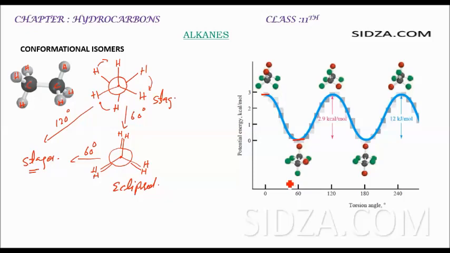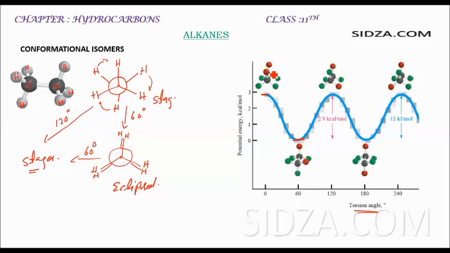Another point is the angle. The angle between the two atoms that we find, we call the torsional angle. We also call it the dihedral angle, the dihedral angle or the torsional angle.